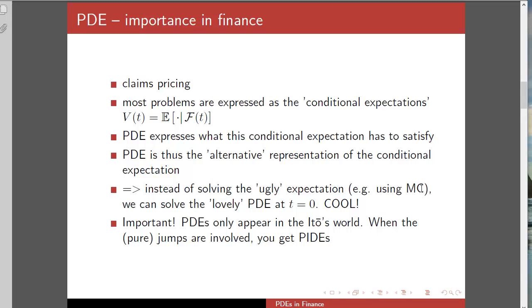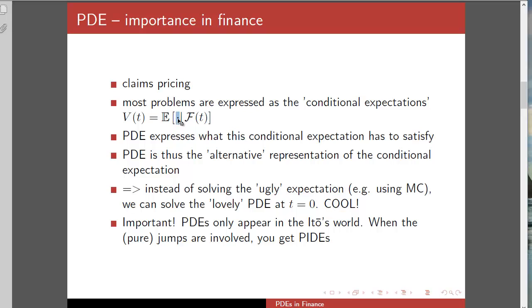So why are PDEs important in finance? In general, you need it for derivatives pricing, because the problem of pricing a derivative is usually defined as some expectation of whatever is here.